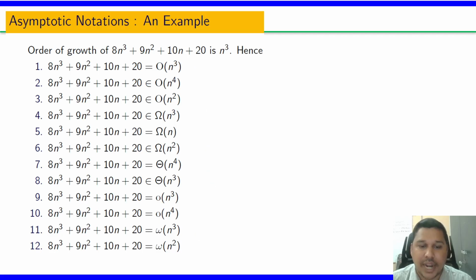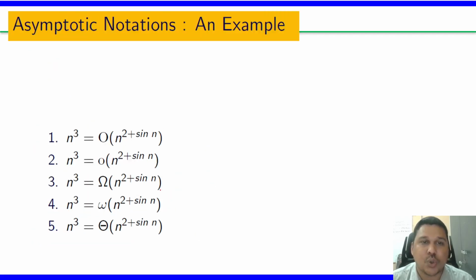This gave an idea. Now tell me which of these are true. Tell me out of 1, 2, 3, which ones are true? Tell me out of this 1 to 5, which ones are true? Tell me the numbers which are true. Left hand side is the f of n and right hand side is the g of n.